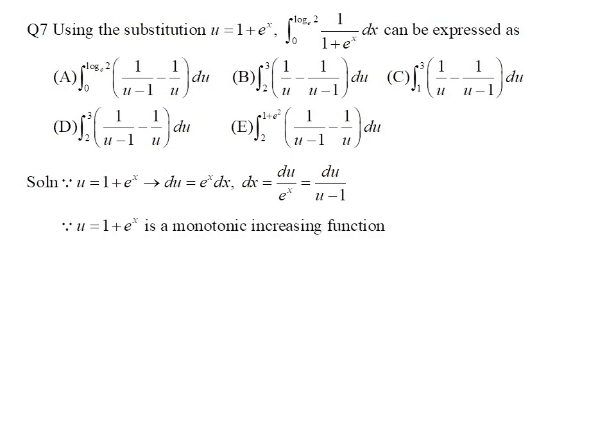Since u equals 1 plus e to the x is a monotonic increasing function, u of 0 equals 2, while u of logarithm base e of 2 equals 3.